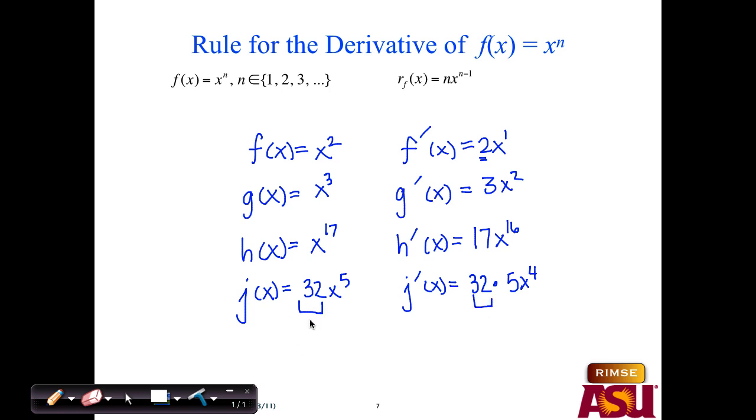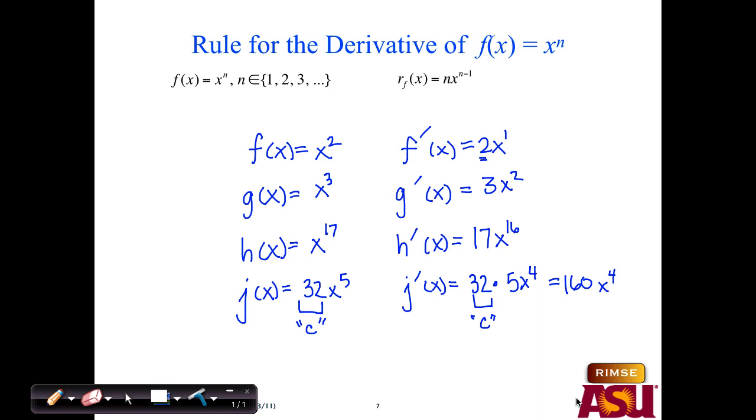Because we have our constant multiple rule, if I have c times an easier function, the derivative is c times the derivative of the rest of this. But in any case, if you have a constant multiple, just multiply it back on. So whatever 32 times 5 is, 160x to the 4th.